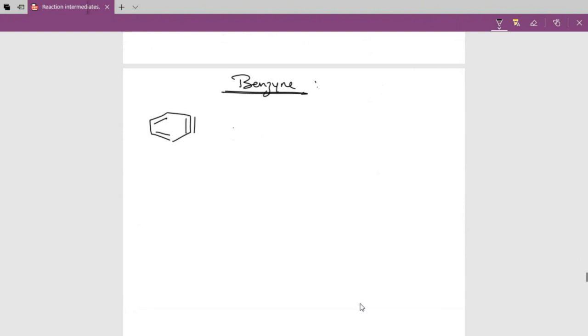It exists either as a biradical or it can exist as a zwitterion, plus and minus, from heterolytic fission of that pi bond.